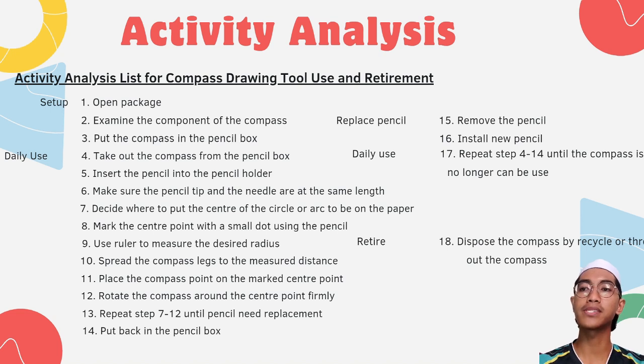After we spread the compass legs, we need to place the compass point on the marked center point. After that, rotate the compass around the center point firmly. Repeat this step until the pencil needs replacement. Make sure to put it back in the pencil box after using the compass.